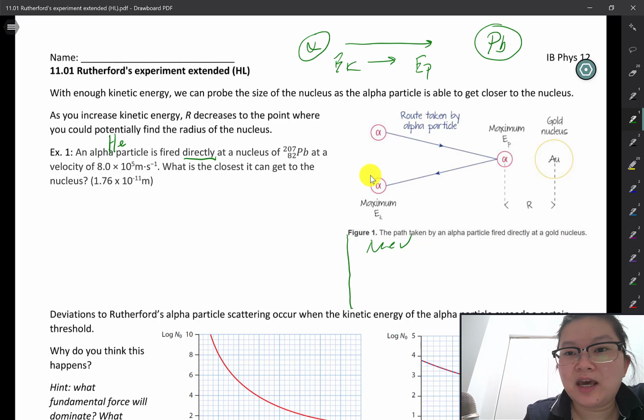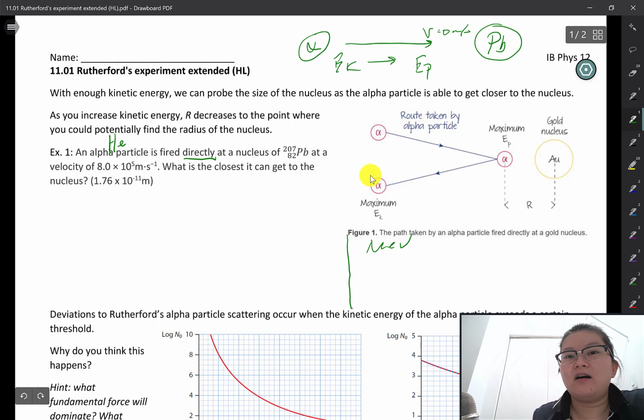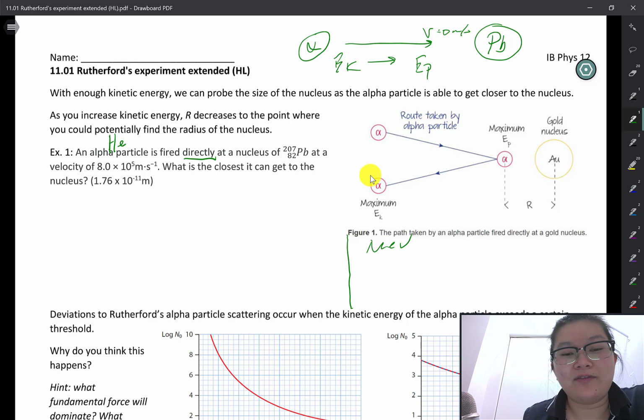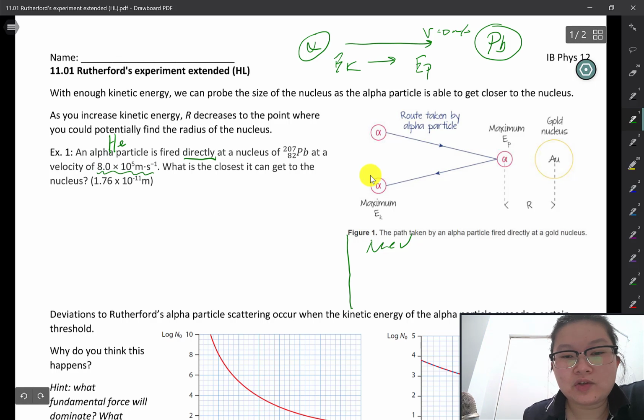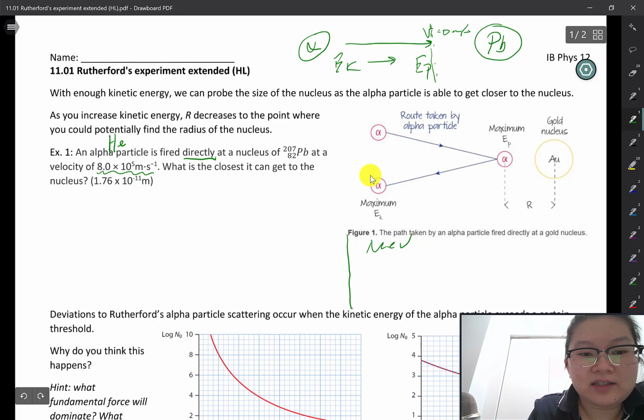At this point we're going to see a final velocity of 0 meters per second, or a final kinetic energy of 0. So all of this kinetic energy is going to be equal to the electric potential energy at this spot here, okay? So let's write that down.